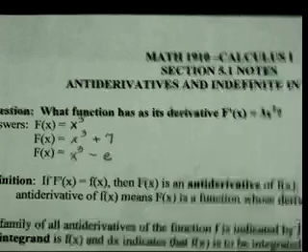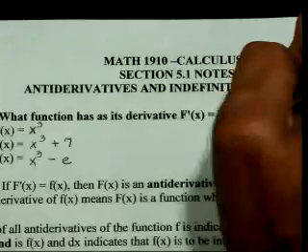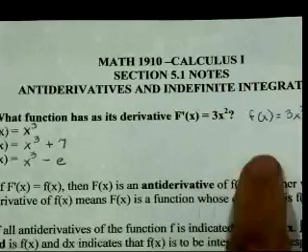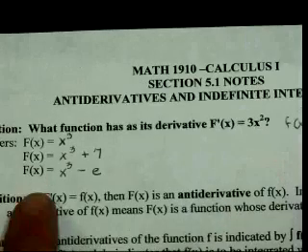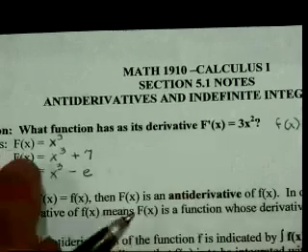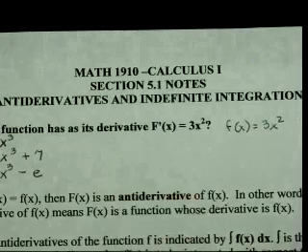If this 3x squared is my little f of x, then all of these guys are my antiderivatives of that little f of x, because they're the functions whose derivative is this little f of x.